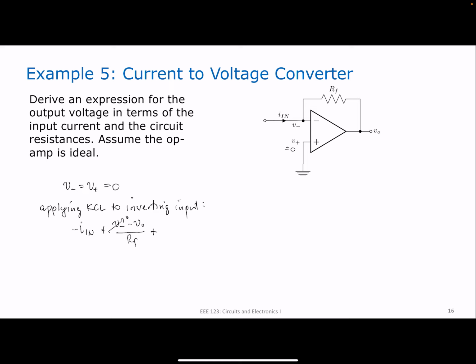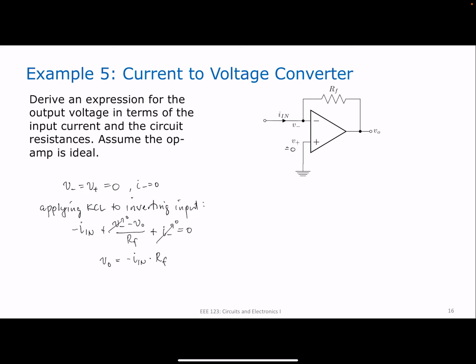Plus I minus is equal to 0. Again, we already know that this is 0 because this is an ideal op-amp. So what is V sub O? V sub O is just now going to be negative I in multiplied by R sub F.